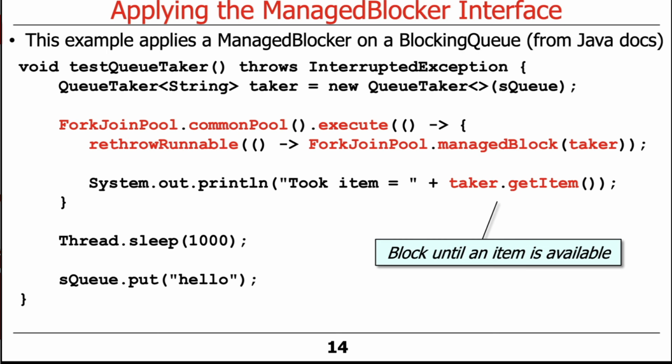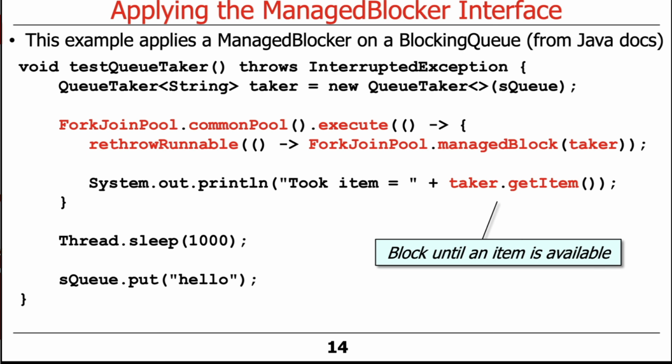And here's just a little piece of code to show how this works. It's very similar to what we had before. We make ourselves a new QTaker that encapsulates the queue. We go ahead and execute a lambda expression in the common fork join pool. You can see it's going to block until the queue has an item in it. And when it does return, we're going to print a diagnostic saying what item we got.